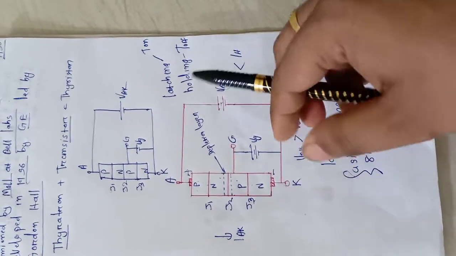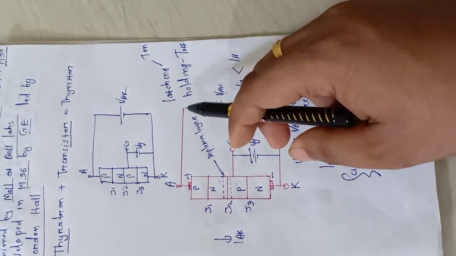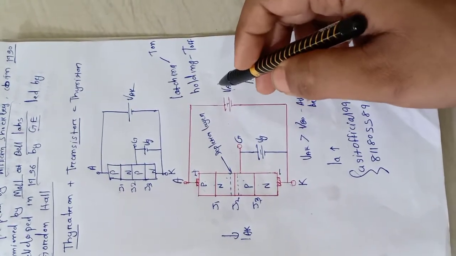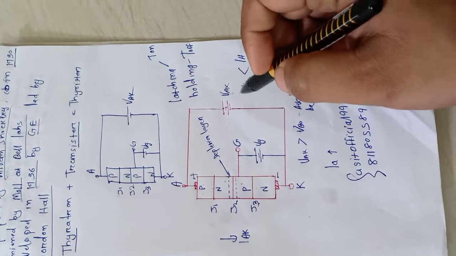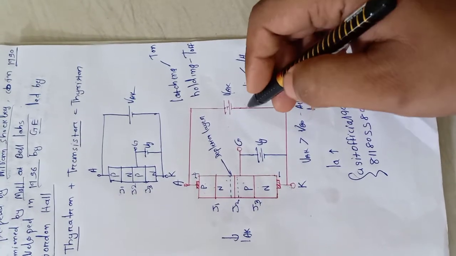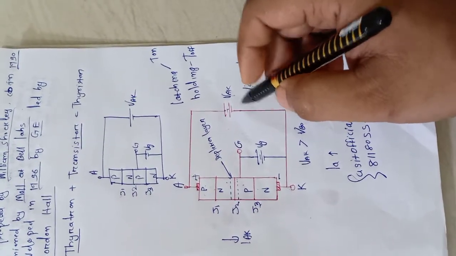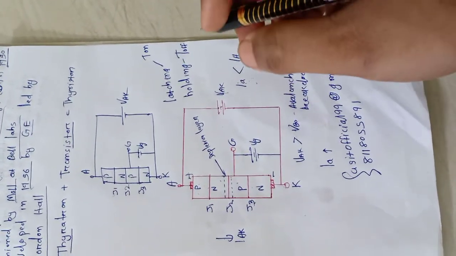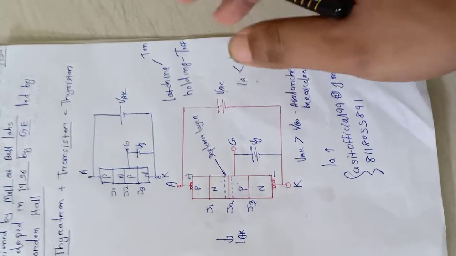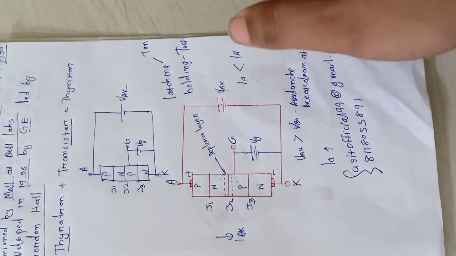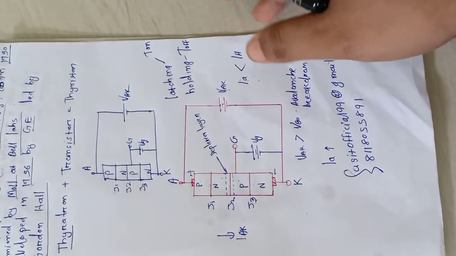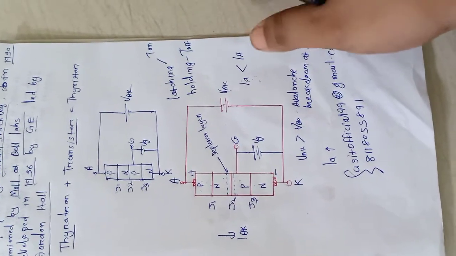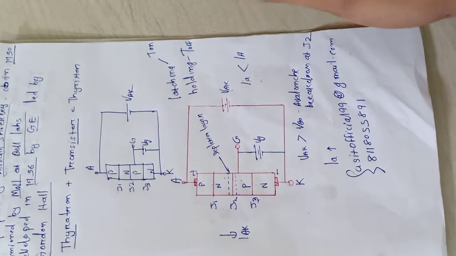When the anode is at a positive potential with respect to the cathode, and we apply a positive forward biased voltage VAK with no voltage applied at the gate, then J1 and J3 are forward biased, J2 is reverse biased. As J2 is reverse biased, no conduction takes place. Now if VAK increases beyond the breakdown voltage VBO, then the J2 junction will face avalanche breakdown and current starts conduction.